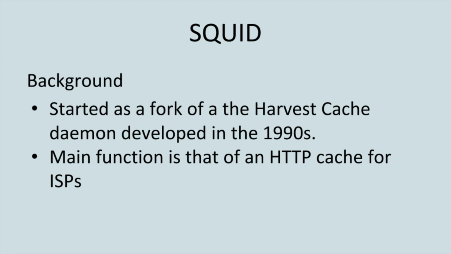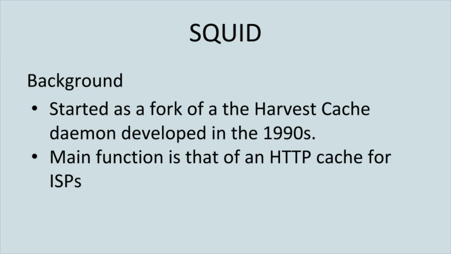In order to implement this proxy server with whitelisting capabilities, we are going to be using Squid. Squid is free and open source software that started as a fork of the Harvest Cache daemon developed in the 1990s, which turned into a commercial product. But the developers of Squid wanted to make sure it stayed free and open source.